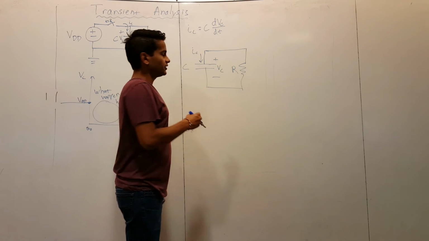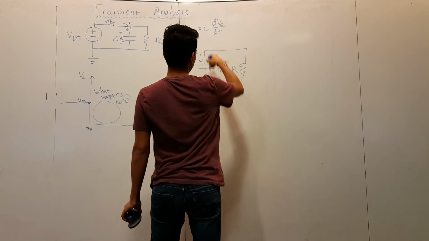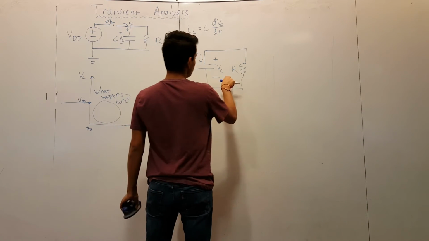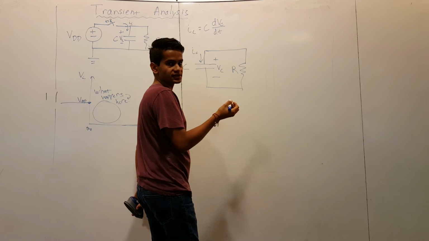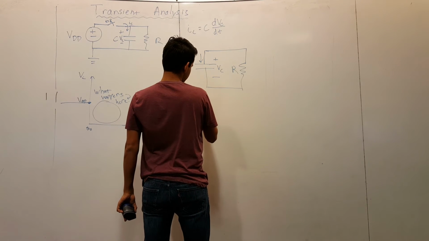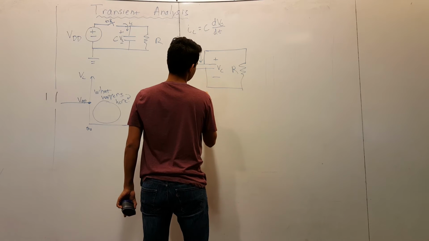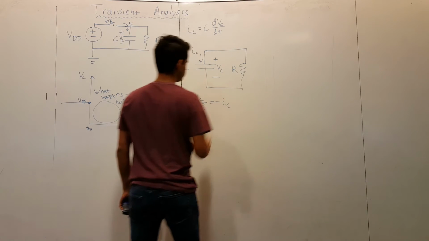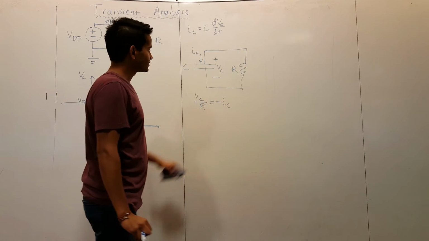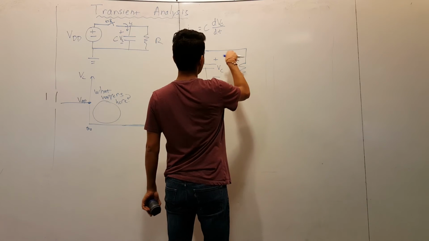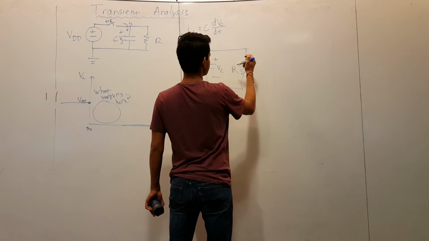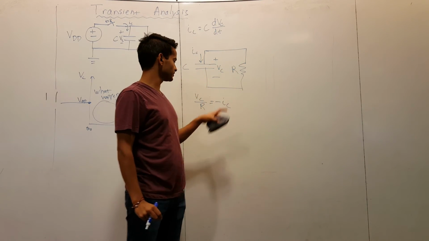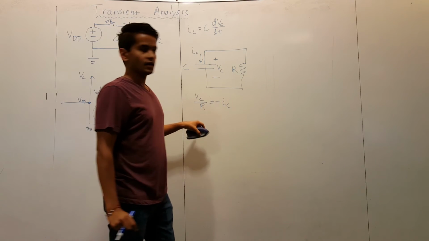From here, we know that the same plus and minus VC is also across the resistor. From Ohm's law, V equals IR, we can say that VC over R equals minus IC. This is because the current is going in this direction out of the resistor, and our voltage is plus and minus across the resistor, therefore this should have a negative sign.